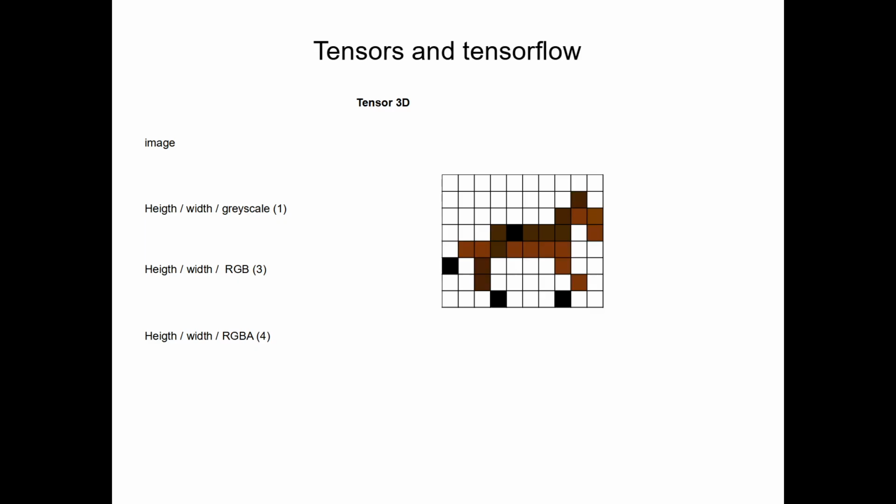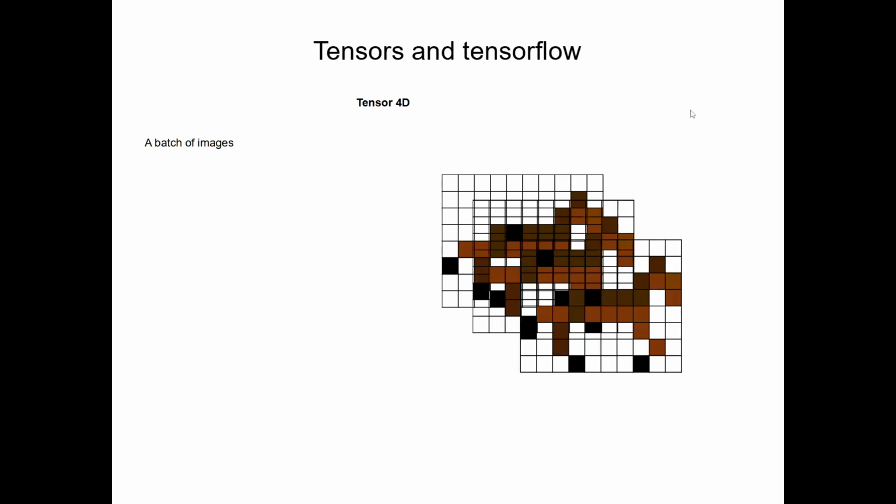But when it's in color, we have 3 numbers. So it's still a 3-dimensional tensor, but in the last dimension there will be 3 values, 1 for red, 1 for green, and 1 for blue. The same thing will range from 0 to 1.